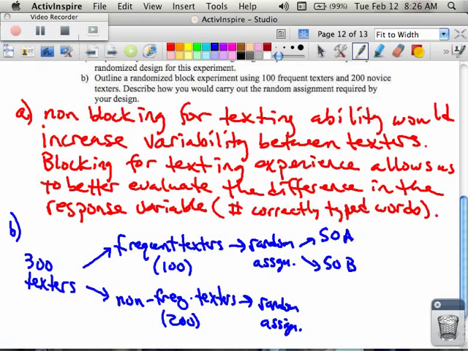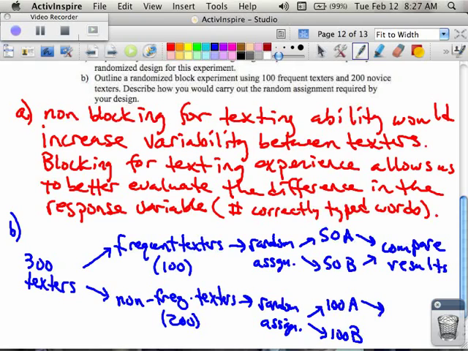And then for the non-frequent, that would then be 100A and 100B. And then afterwards, of course, we would compare the results. And then you do the same thing down here as well. And what you're looking for is what's happening within these two different blocks, groups.